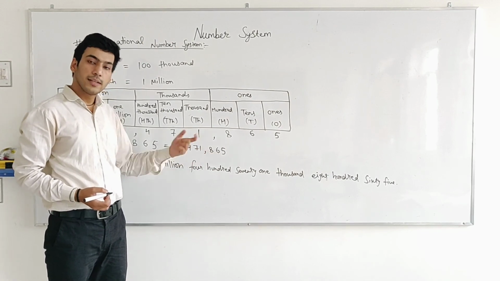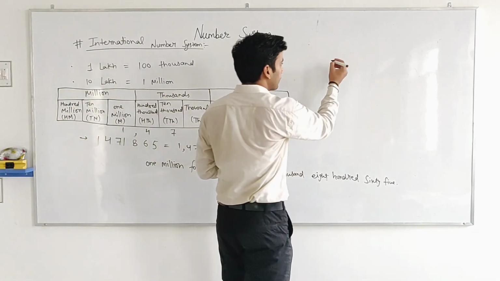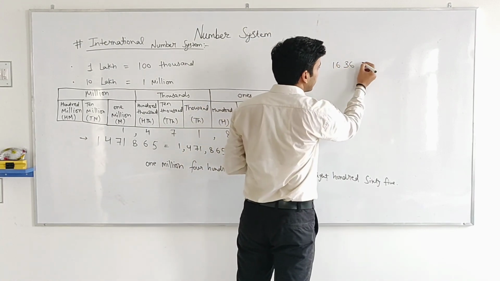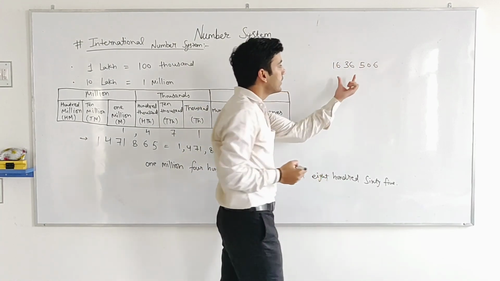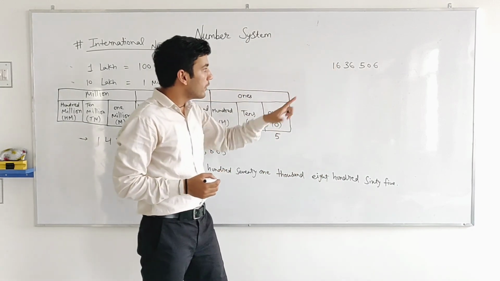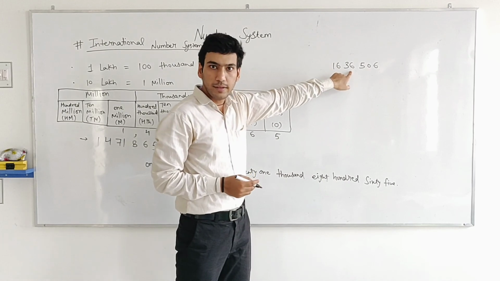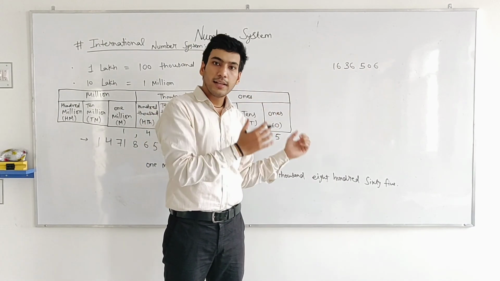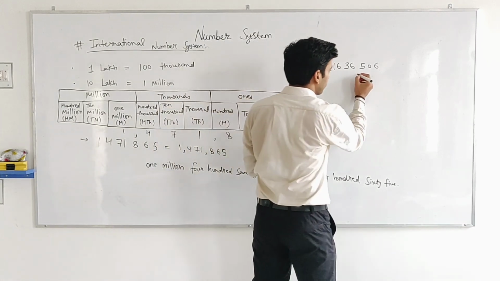Okay, students. Now let us take another number: 1636506. This is a 7-digit number. Now if I want to write this number in comma form using the Indian number system and the international number system.